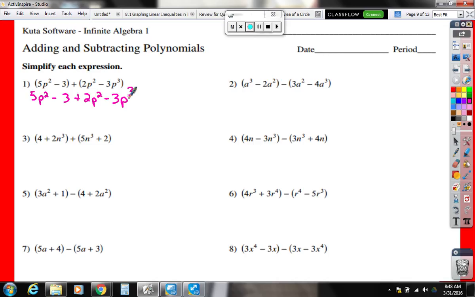Add 5p squared, 2p squared. And what do I get? Aiden, what do I do next? Add 5p squared.